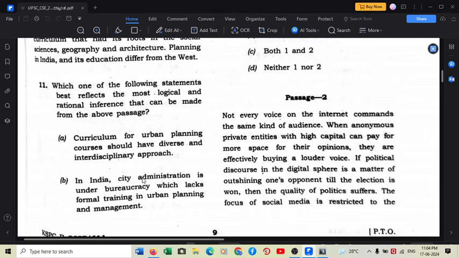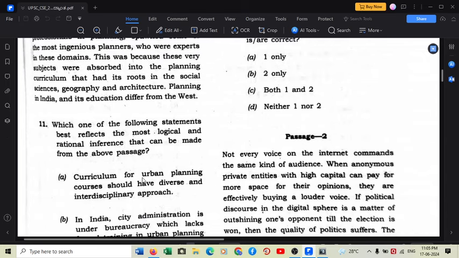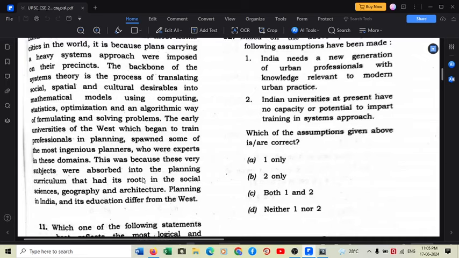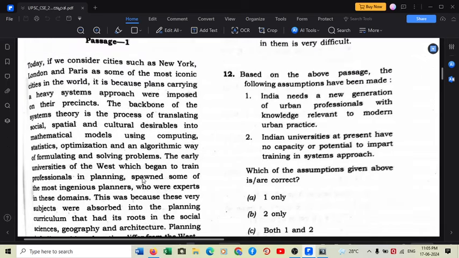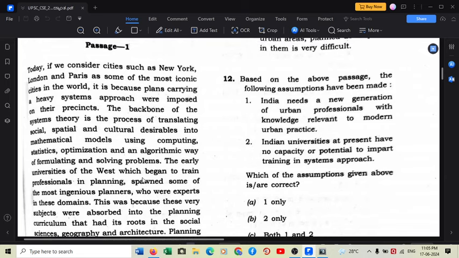So this is not okay, because the author is definitely not talking about this. There is no reference to India here, right? The passage is generic, and the passage is more about the Western way of solving urban problems, right?